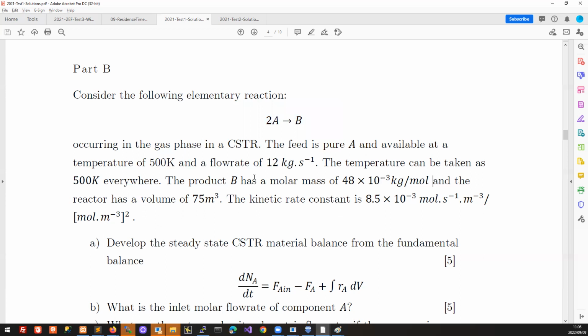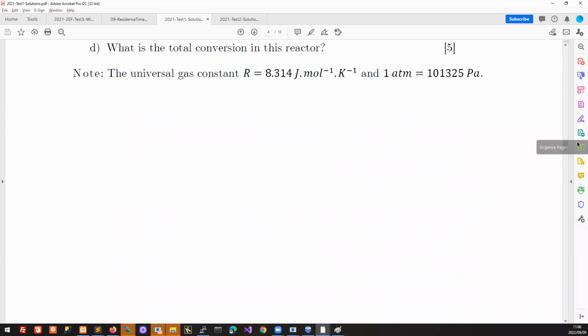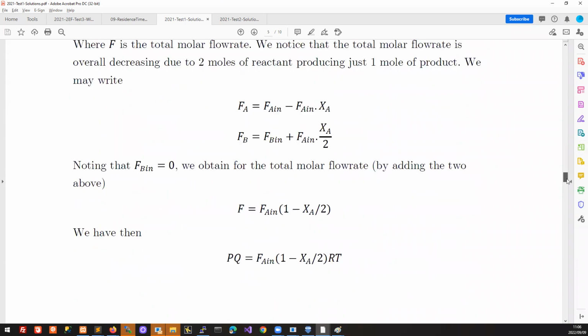And then we do have the mass flow rate. So we can divide the mass flow rate of this pure A by the molar mass of A, which we've just found. So it's going to be something like 12 divided by 24, so it's 0.5 times 10 to the something. Let's just check here.